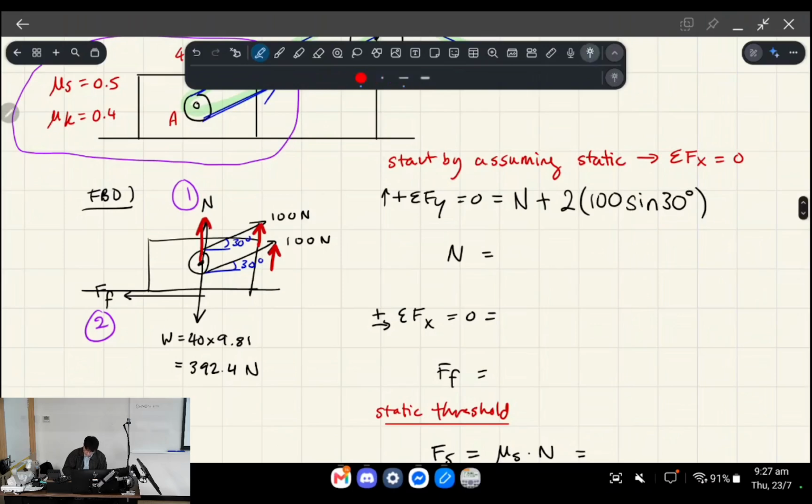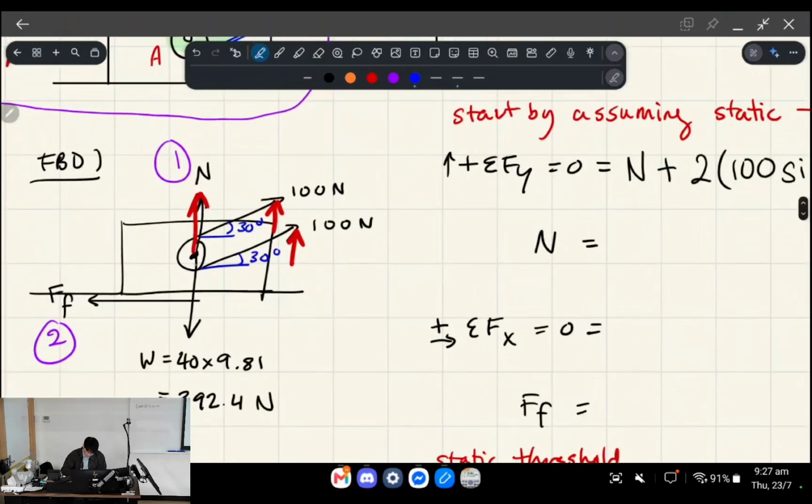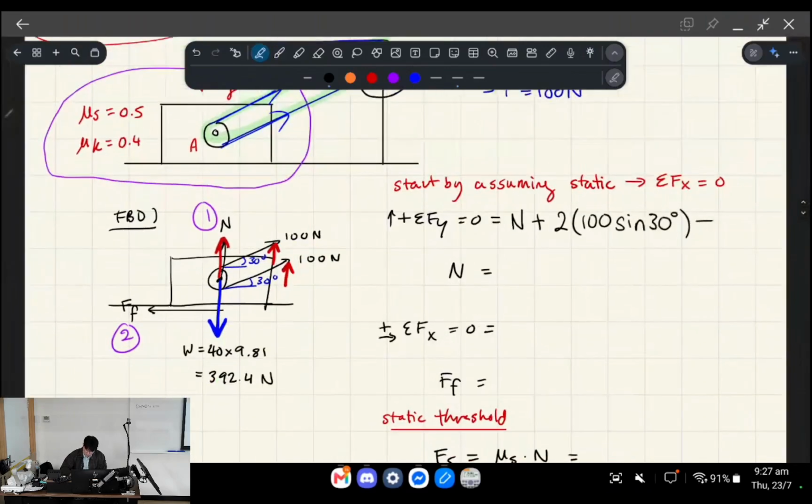Sine 30 meaning if we look at this like a right angle triangle, we're looking for the opposite side length, right? Okay, and then we subtract the downwards arrow. So the downwards arrow is this one, right? So we're going to subtract the weight, which is mg.